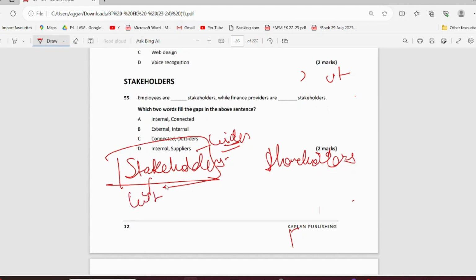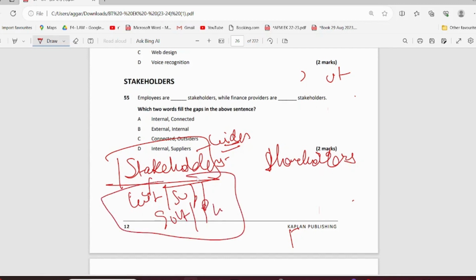Your customers come, your suppliers come, your government comes, your pressure groups come. Every person in the whole wide world who can be affected by your business comes under stakeholders. But of course, you have categories in stakeholders.